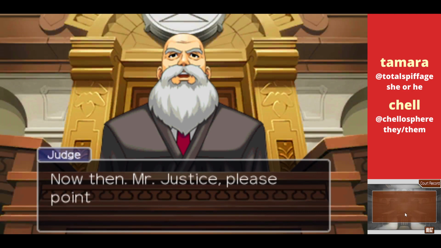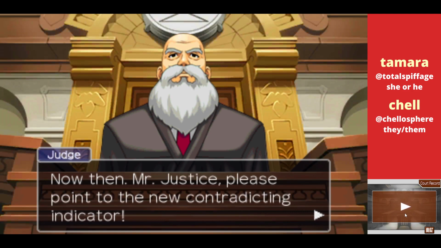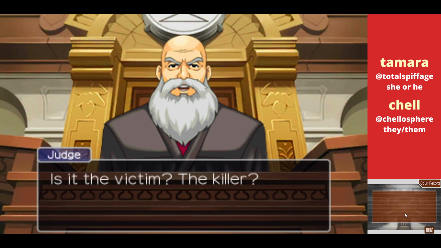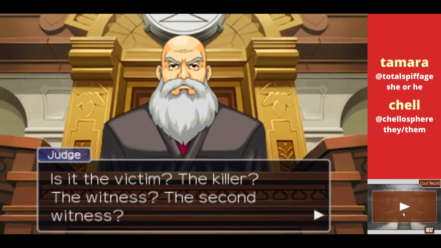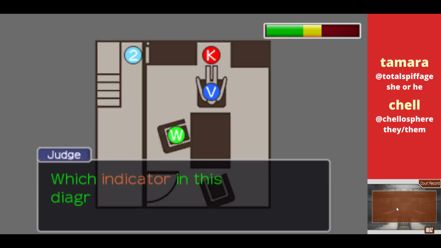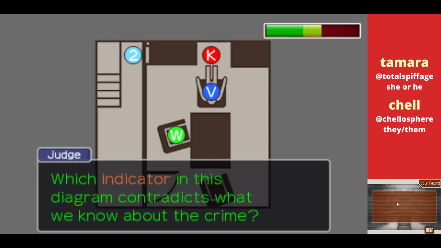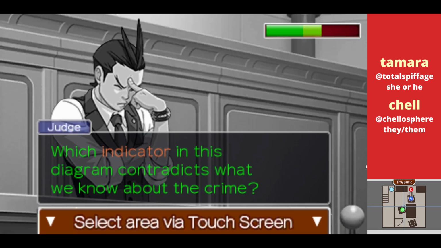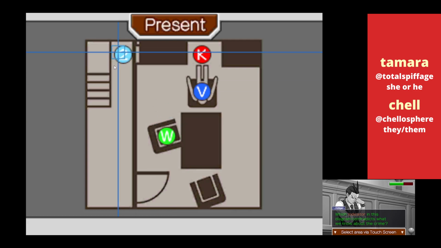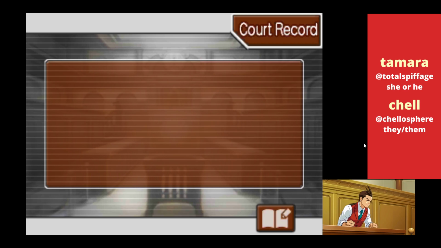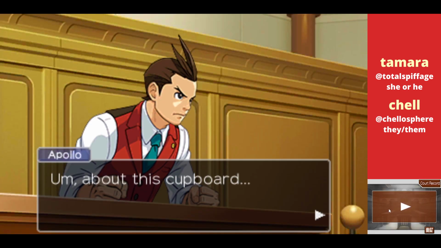Now then, Mr. Justice, please point to the new contradicting indicator. Is it the victim, the killer, the witness, the second witness? Which indicator in this diagram contradicts what we know about the crime? Okay. Well, I think it's witness 2 because... Yeah! You're correct! About this cupboard.